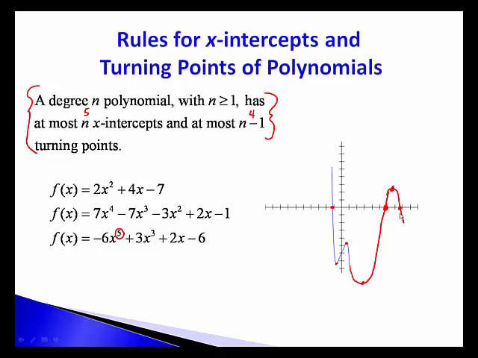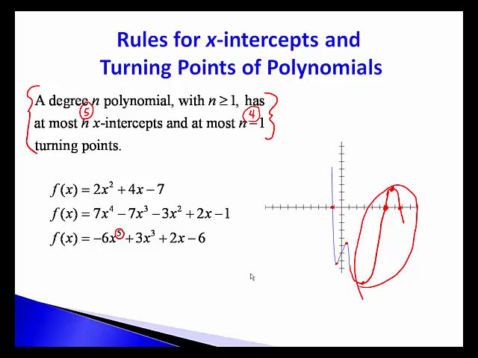I just don't know what's going to happen over on this part right here. I can make no prediction about it based on what you see on the screen or what you have written over here, because there's still room in here for these things to happen. If you see all of the x-intercepts or you see all of the turning points, either one, then you're guaranteed what happens with the rest of the function.